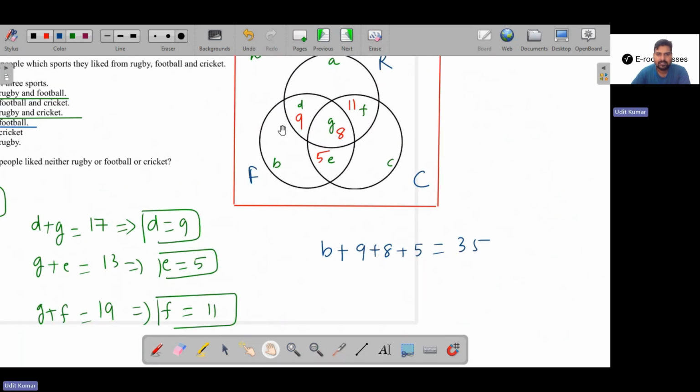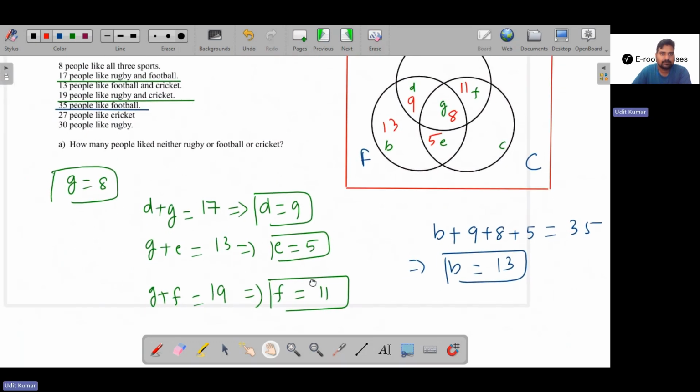Because B plus D plus G plus E represents how many like football. So if you solve it, you will get B equals to, now 9 plus 8 is 17, 17 plus 5 is 22. So 35 minus 22, so B is 13, right? So you write B as 13.